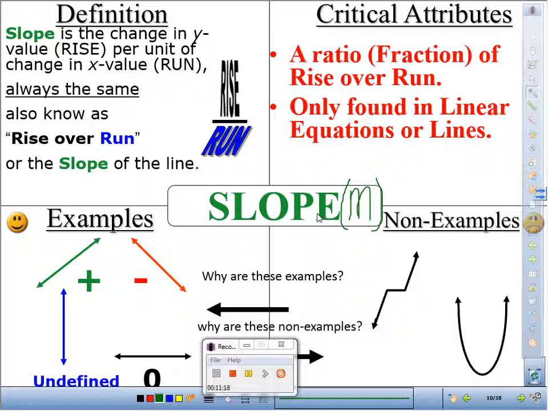S is used for something else. Now that winter is here, there are families that go out to the mountains and go to the snow, right? Who's heard of people going to the slopes? And where are slopes found? In the mountain. Bam! Is that an easy way to remember? Yes, right? So that's why slope uses the letter M.